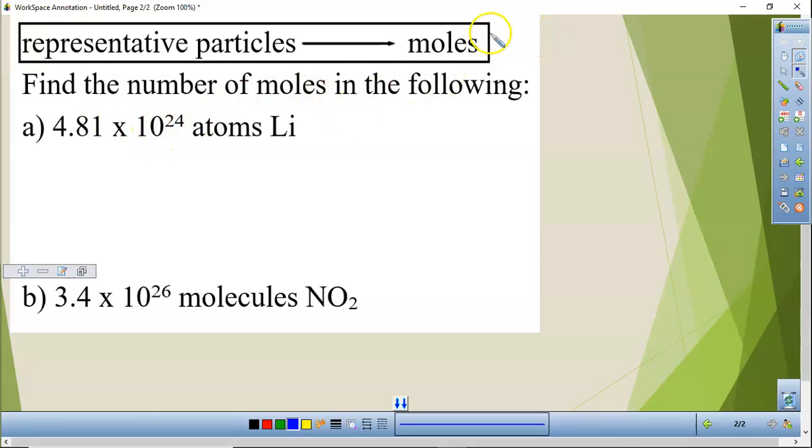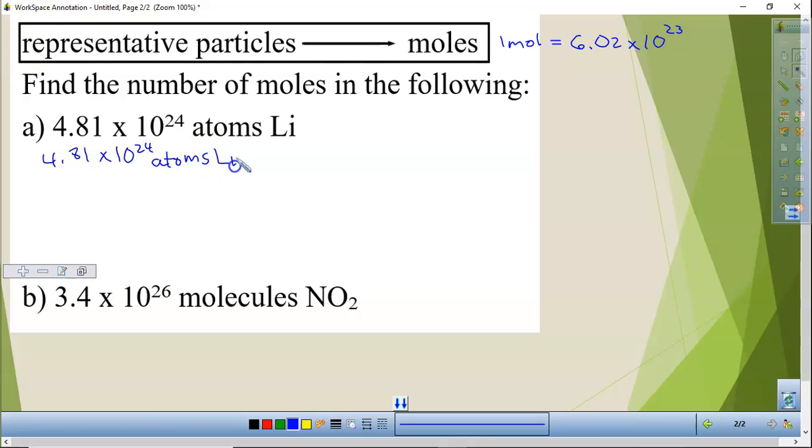I'm going to write out my conversion factor: 1 mole of anything equals 6.02 times 10 to the 23rd of that thing. So down here, this is my given. I've got particles. So I write 4.81 times 10 to the 24th atoms of lithium.